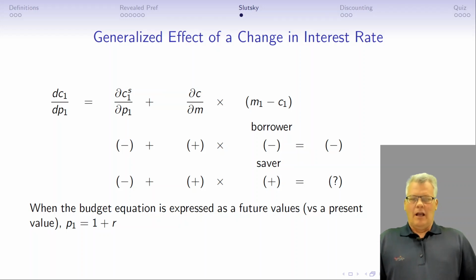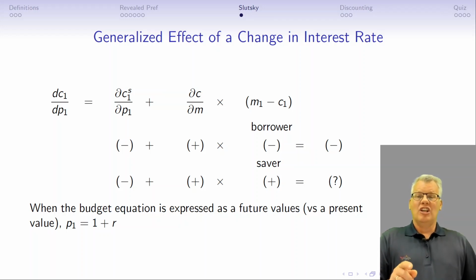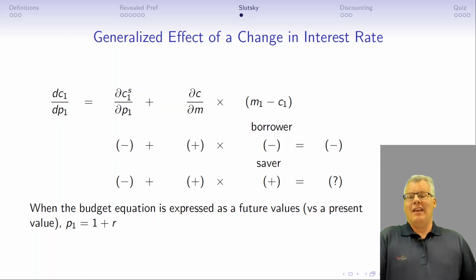So the Slutsky equation tells me what is the total change in time period 1 consumption as we change P1. And P1 is 1 plus the interest rate. So in essence, this is how time period 1 consumption changes as we change the interest rate. The first term of the Slutsky equation, you remember, was the substitution effect.